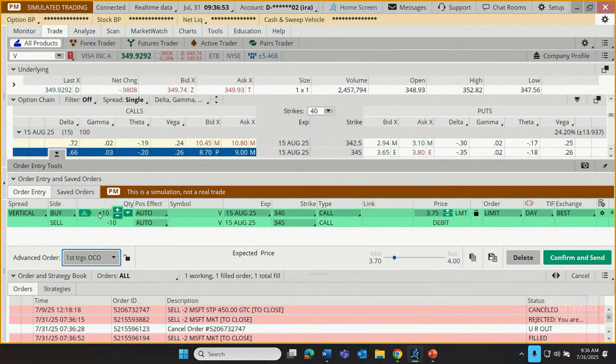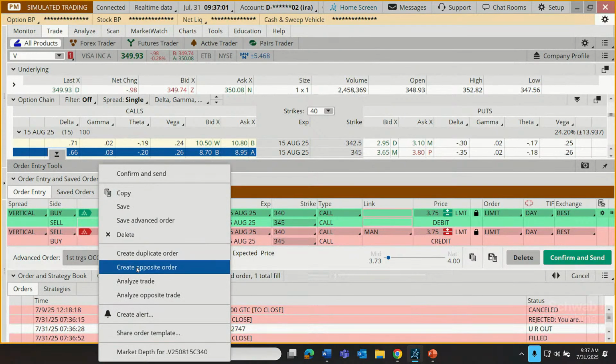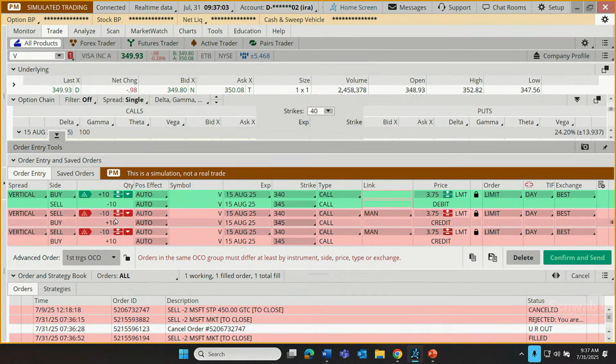So now I'm just going to come up to the original trade. I'm going to right click on it and create two opposite orders. Right click once and create an opposite order. Right click again, create an opposite order. So first of all, this first order, let's call this our optimistic order. Let's say that this is the one where we're going to try to exit for 470. And we're going to set that as a limit order, good till canceled.